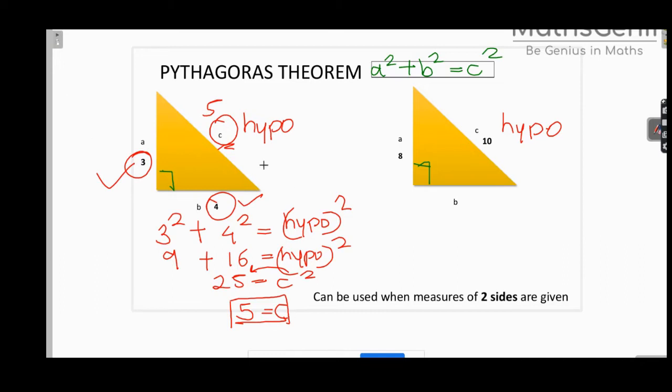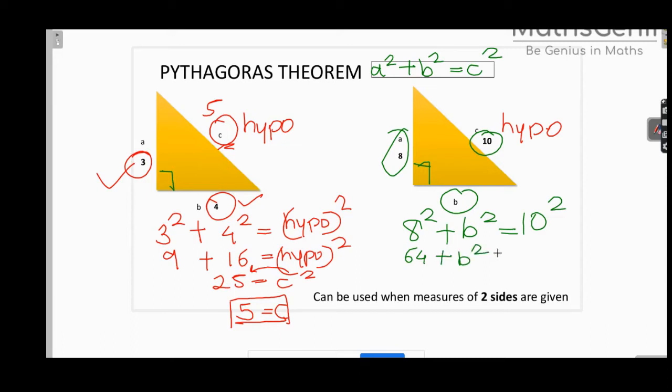Now let's look at another version of the same question. What is the formula, students? Side 1 square, which is 8 square, plus side 2 square, which is B square, is equal to hypotenuse square, which is 10 square. 8 square is 64 plus B square. 10 square is 100.